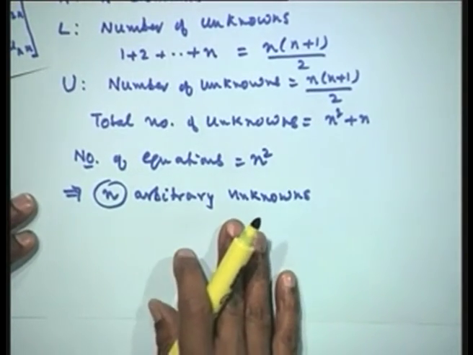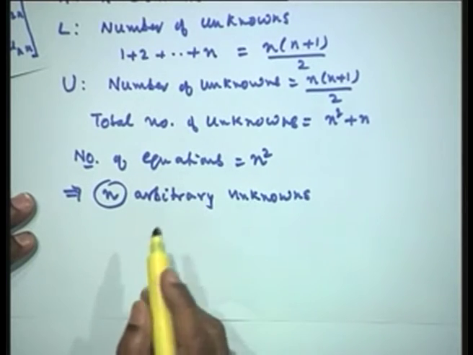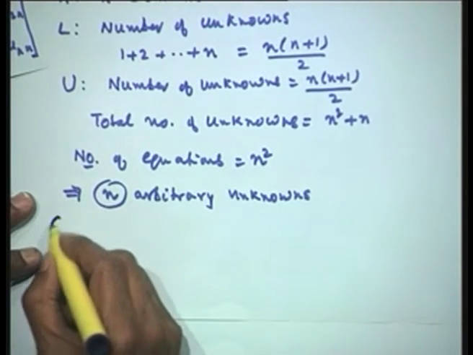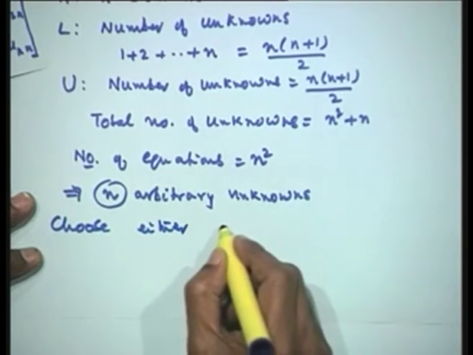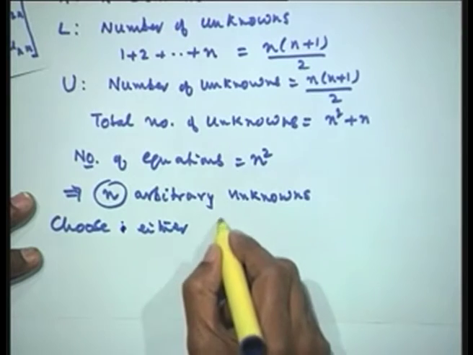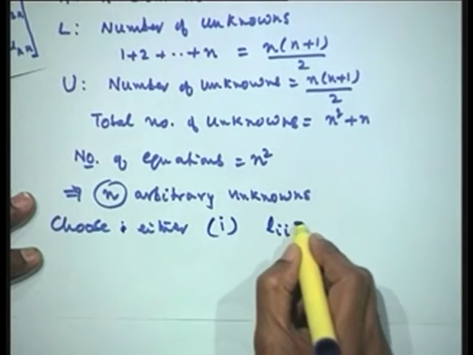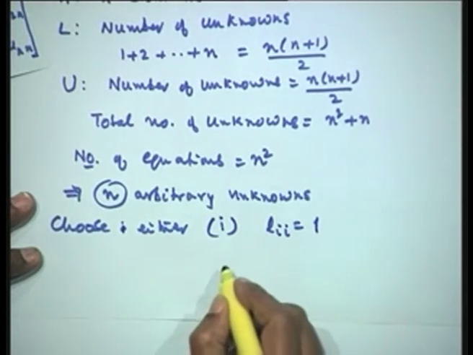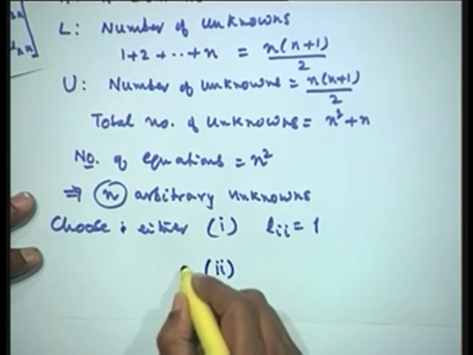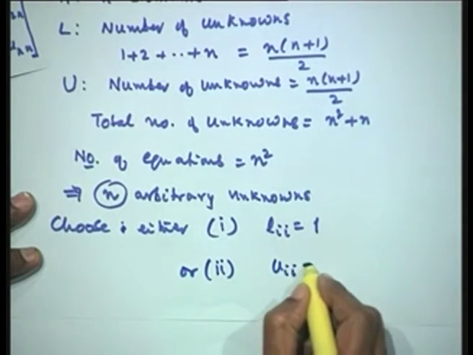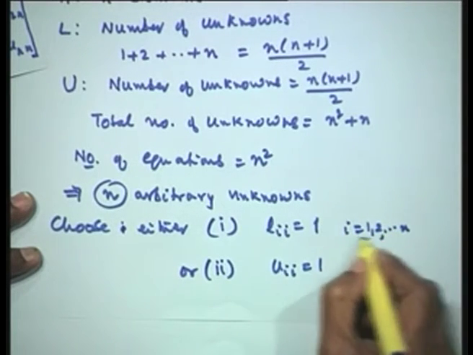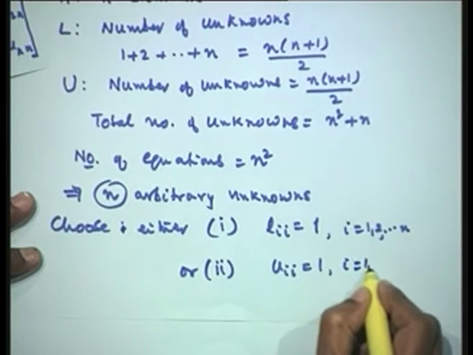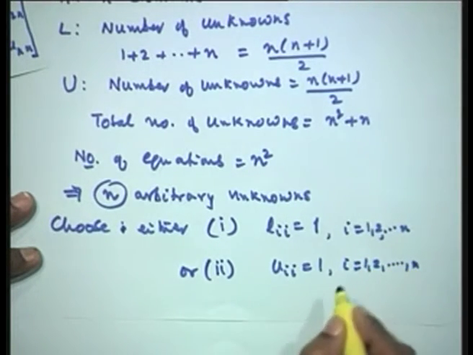There are two sets of values we can choose where the computation becomes simple. We can choose either Lii is equal to 1, or Uii is equal to 1, for i equal to 1, 2, 3 up to n.